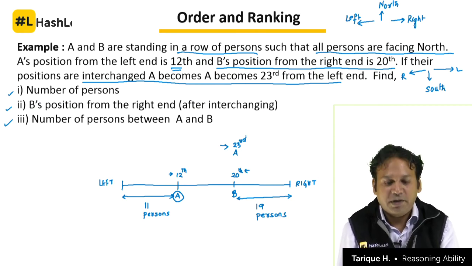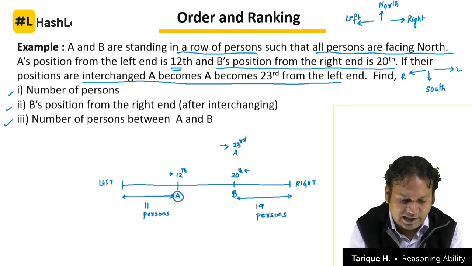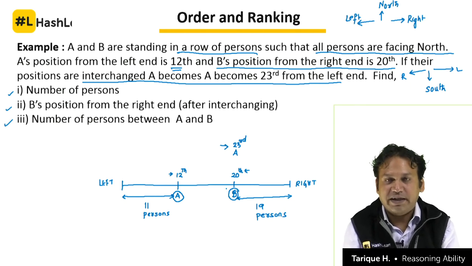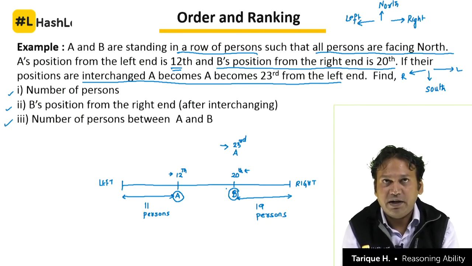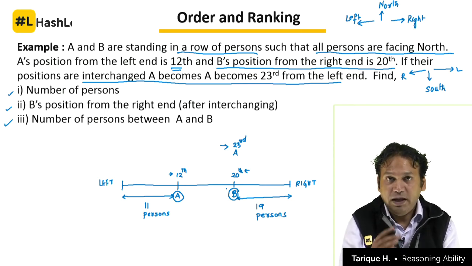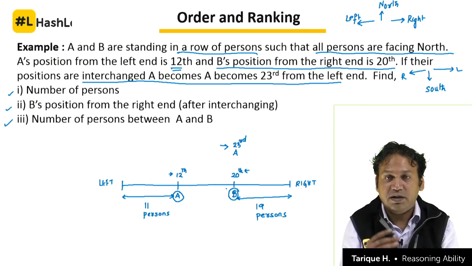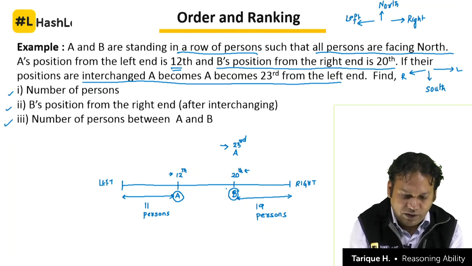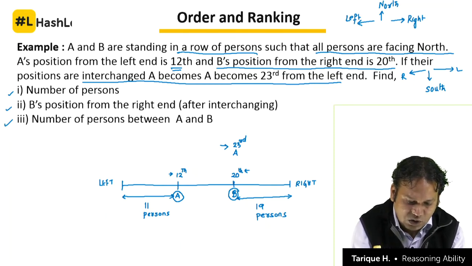Clear? A becomes 23rd from the left end. That means also that the position of B can be said to be 20th from right end and 23rd from left end. Correct? Because when A is put in B's position, A's rank becomes 23rd from left, and we already know that the same position is also 20th from the right.